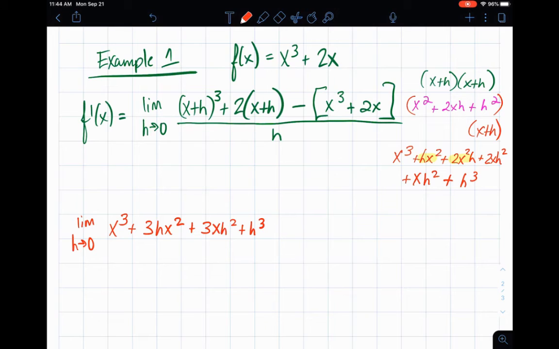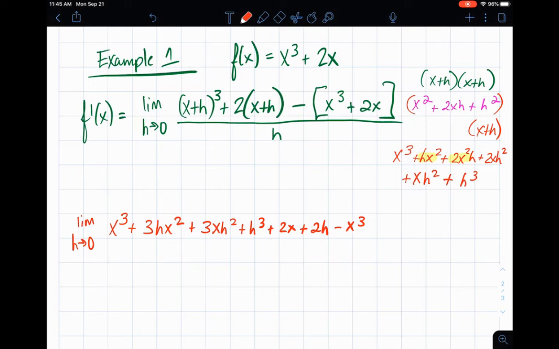Okay, and then we have to deal with the rest of that problem as well. So don't just cube that and then forget about the rest of the problem. It was 2 times x plus h, so that's going to be plus 2x plus 2h. And then we have to distribute the negative: x cubed minus 2x.